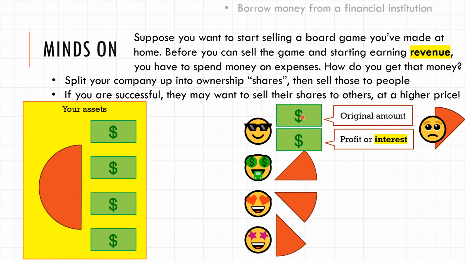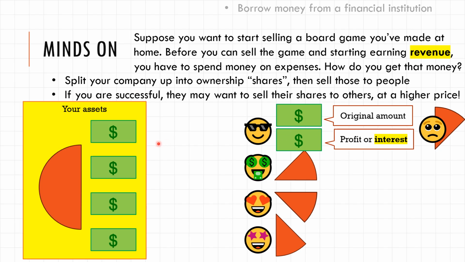So this person not only got back the exact same money that they put up in the first place to help you fund your company, but they've sold their share for something even more than what they paid. And that amount, that profit that they have made, can also be called interest.